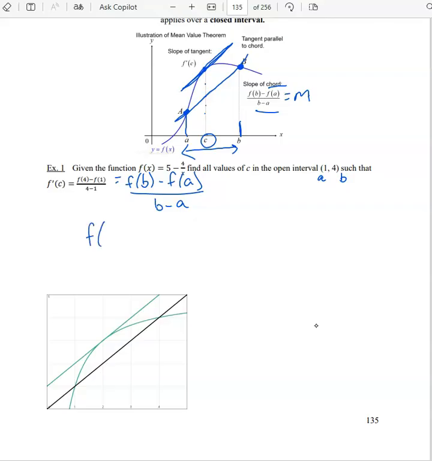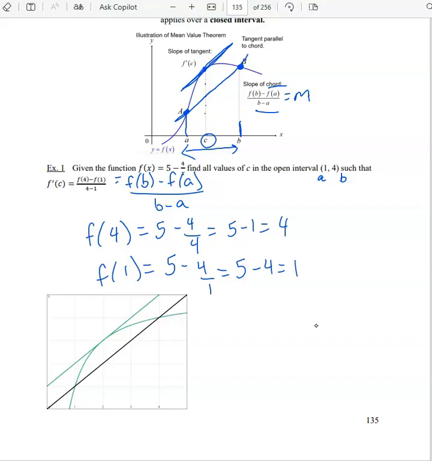So f of 4, we're going to substitute 4 into the original function, and I get 5 minus 1, which happens to be 4. And then f of 1, if I substitute that into the original function, I get 5 minus 4, which happens to be 1. Just a coincidence that those numbers were the same.